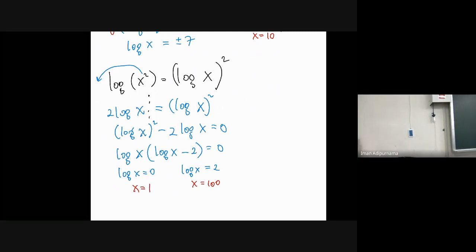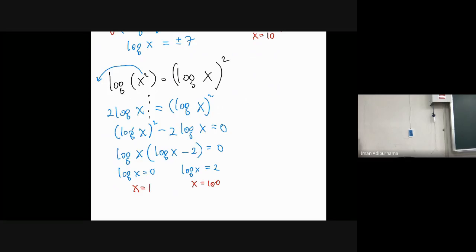So basically, I'm putting the log inside the quadratic function. Okay, this is also quadratic, but it's a direct approach. But this is really a quadratic function when you need to factorize to find the roots, right? So you find log x is 0, log x is 2 from here, and it's 1 and 100. Okay.